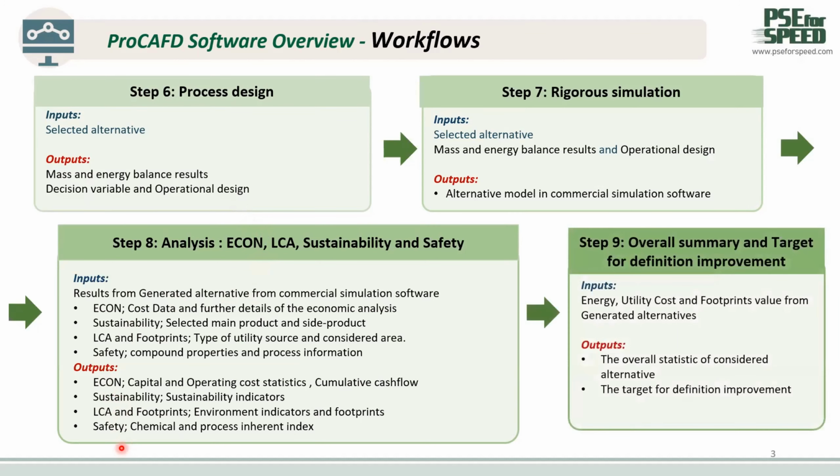After that, in step 9, the overall summary and the target for definition improvement, the program will use the information from the previous step and summarize it in terms of the energy consumption, the utility cost, and the footprint. In this step, we can see the information and we can point out the target for the improvement.